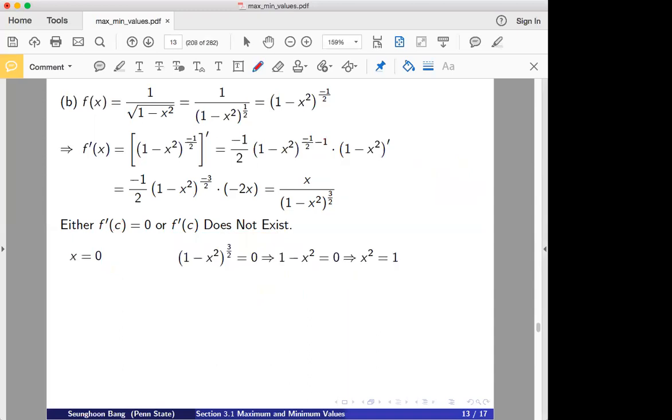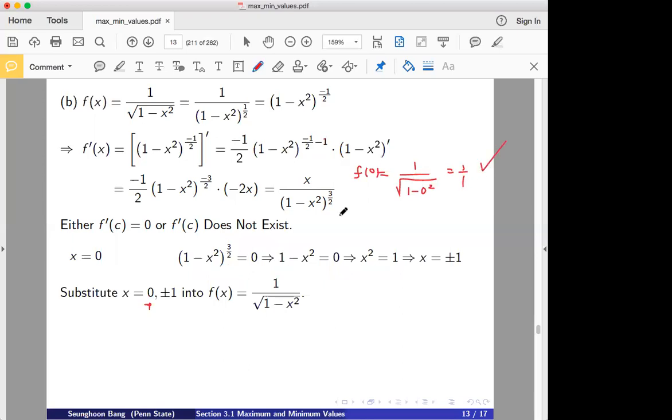So we have this. You can substitute 0 into f of x. What's f of 0? f of 0 is 1 over the square root of 1 minus 0 squared, which is 1 over 1. Yes, well defined.